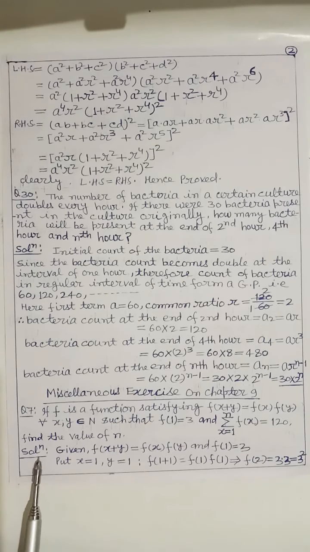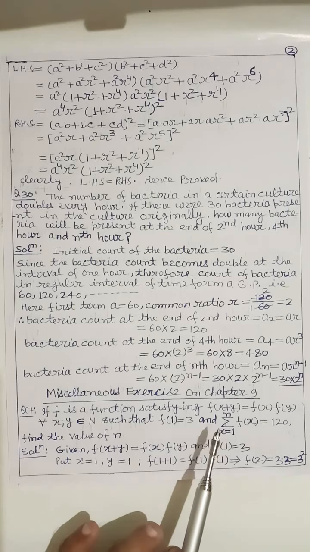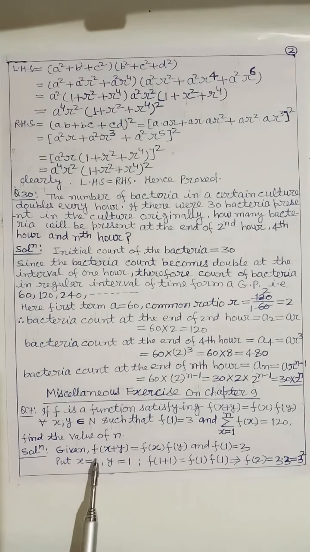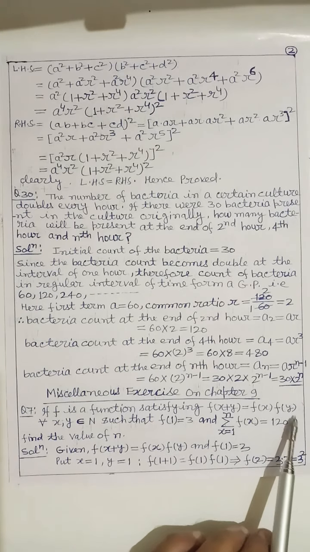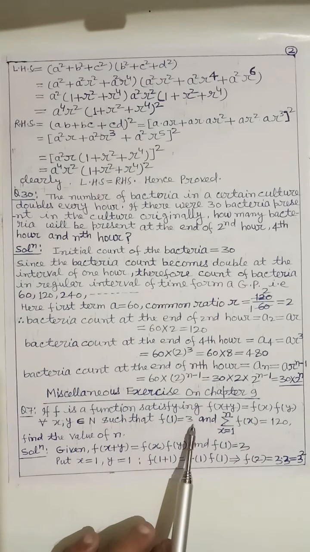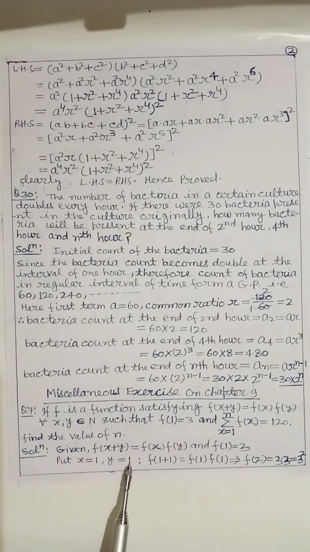To find the solution, it is already given that f of x plus y equals f of x into f of y, and f1 is given as 3. We put x is equal to 1 and y is equal to 1.